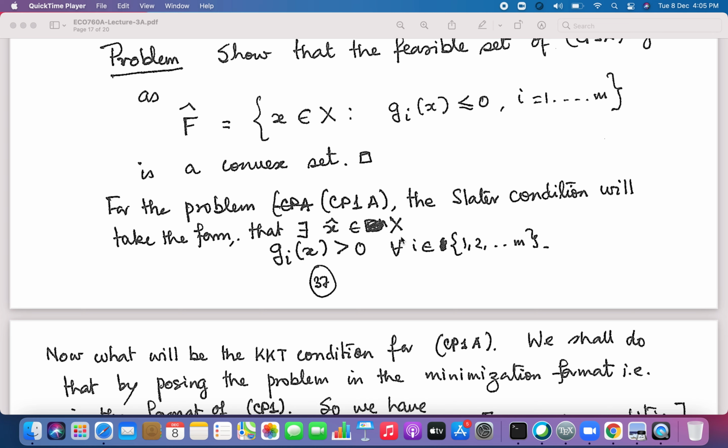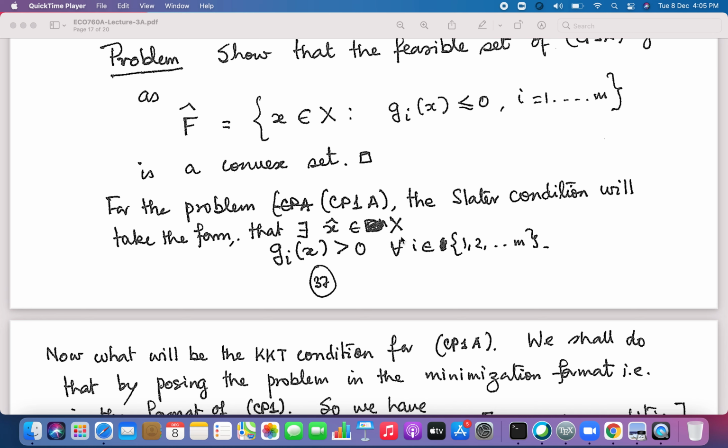Now the Slater condition for CP1A is different, which, when I write my notes up, I will call the anti-Slater condition. Because by Slater condition, in the minds of us optimizers, it is ingrained that the Slater condition is written for less than or equal to type inequalities, and it is an x hat for which g_i(x hat) is strictly less than 0.